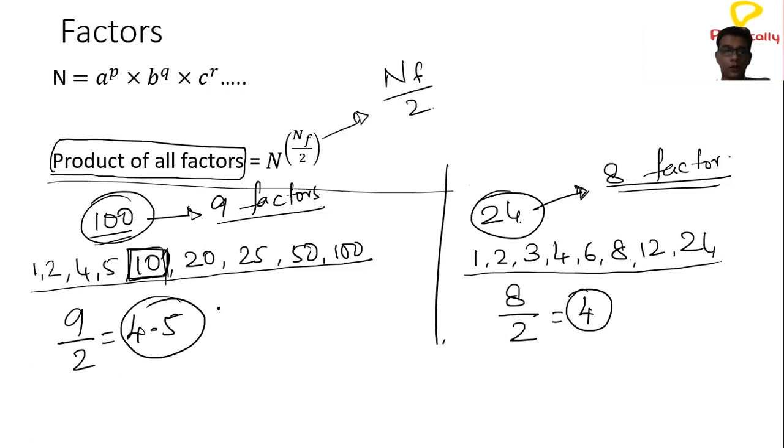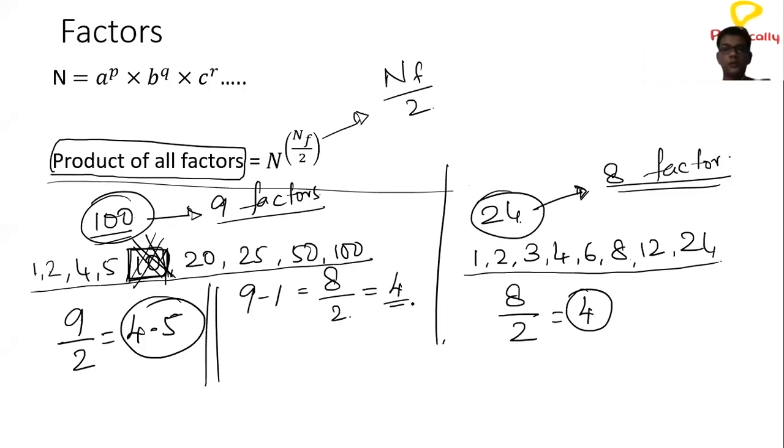Okay, so what I have to do, Sanika, is I will remove this value from my count. So when I remove the value from my count, how many factors do you see now? You see 8 factors. That is one less than your original number of factors. Now, is it easy for me to divide this by 2?